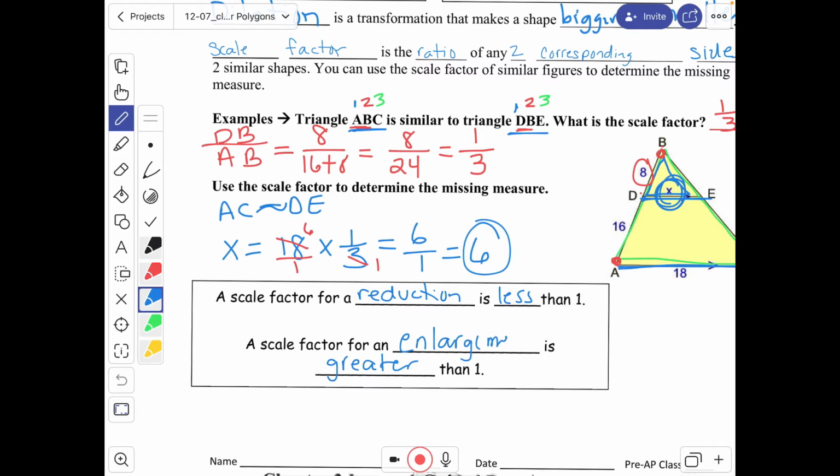Like if you took a picture and wanted it blown up into a poster, you might say, I want it to a scale factor of 15. I want you to multiply the current size times 15. Or maybe you take a picture to be reduced because you need it for an ID. You might say you need it to a scale factor of 1/5 because you want them to shrink it.